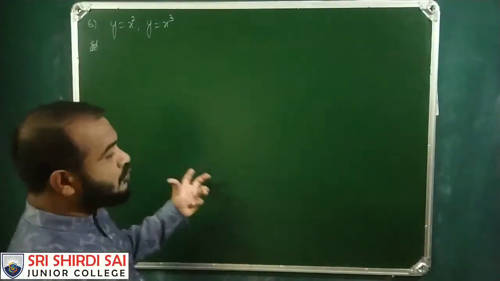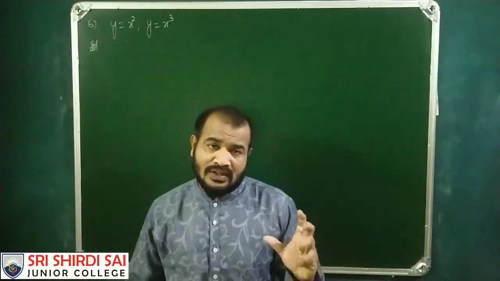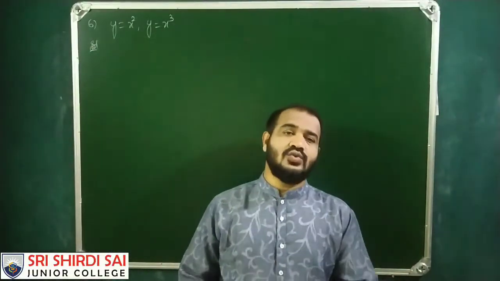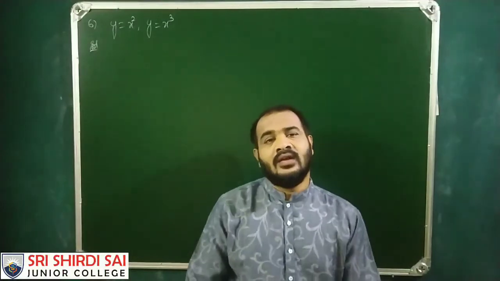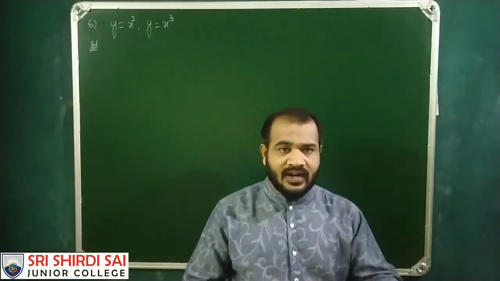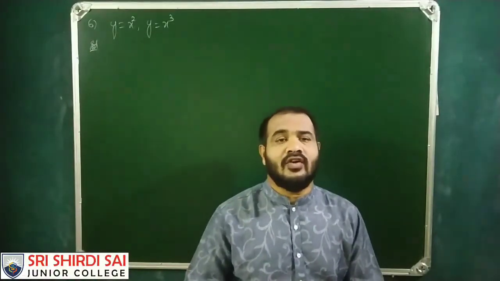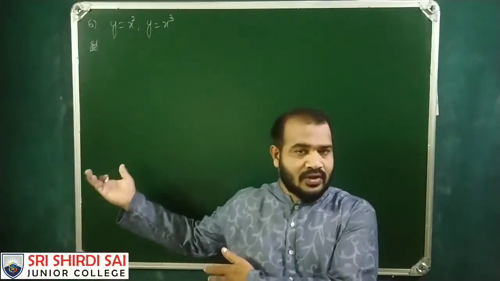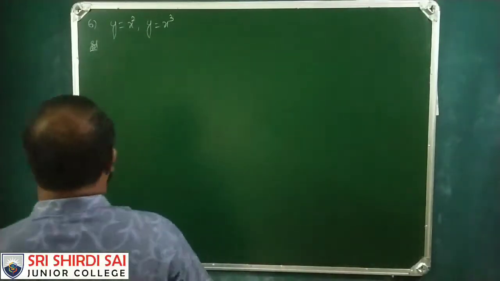That is y equals x square, y equals x cube. One thing is sure that these two are intersecting curves. So the points of intersection we will get through the process of solving these two curves. So very first let us solve that.